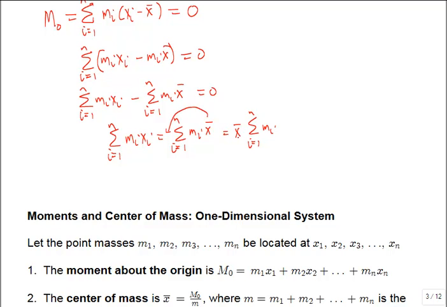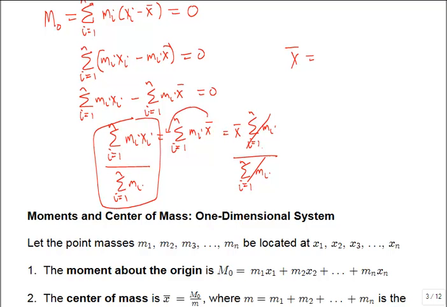So in order to find out what this x bar needs to be, we can solve this equation by dividing both sides by this sum of these m sub i's. So we get a formula. x bar is now defined to be all of this right here, the sum from 1 to n of our masses times our positions over the sum of all of our masses.